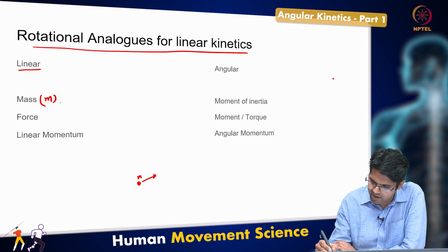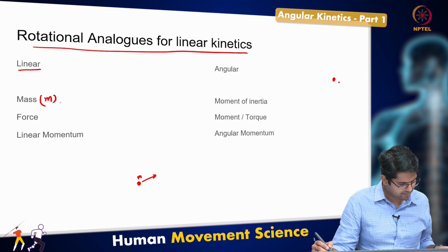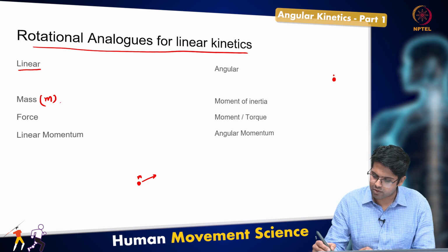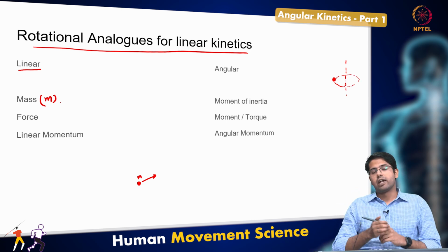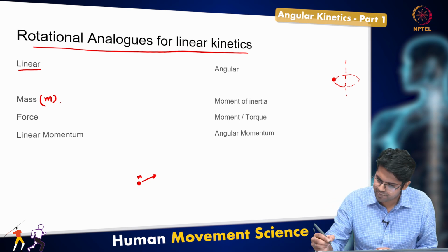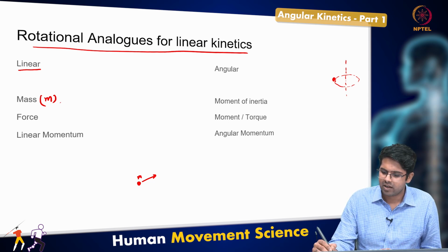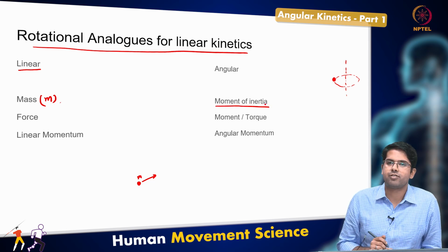If it was rotating about an axis, like the earth rotates around the sun, so it's rotating about an axis, let's say on a circular trajectory, we'll define a quantity called moment of inertia.